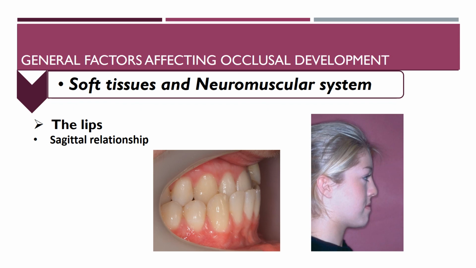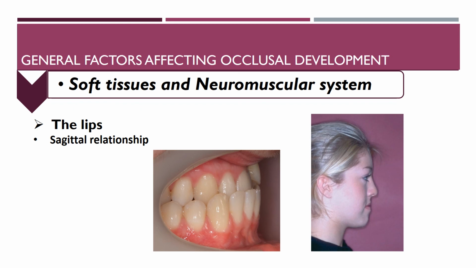While in the majority of class 3 malocclusions, the soft tissues don't play a major etiological role. In fact, the reverse is often the case, with the soft tissues tending to tilt the upper and lower incisors towards each other, so that the incisor relationship is often less severe than the underlying skeletal pattern.